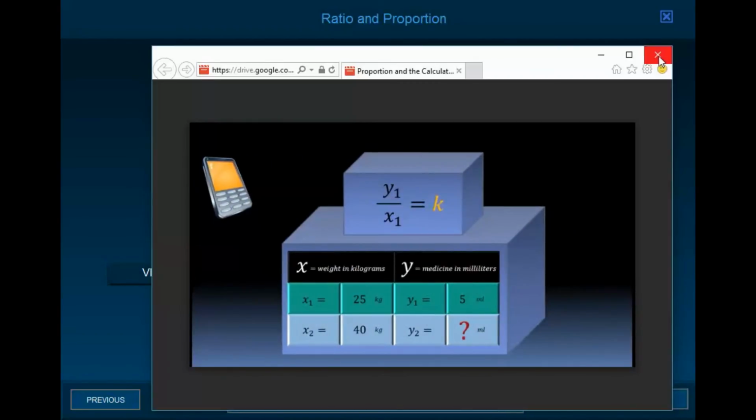And in our problem, y sub 1 is equal to 5, y at one point in time, and x is equal to 25 at that same point in time. So 5 over 25 equals our constant value.